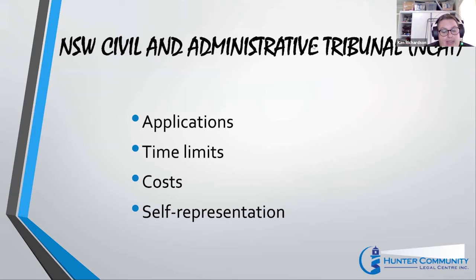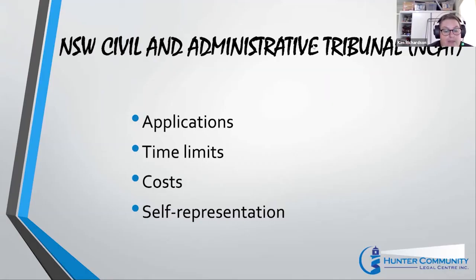Most remedies from NCAT are for breach of contract, so not obeying the terms of the residential tenancy agreement. NCAT was established in January 2014 with the integration of 20 formerly separate New South Wales tribunals, including the Consumer, Trade and Tenancy Tribunal. Now, if you are wanting to make an application to NCAT, the application forms are available from the NCAT registry.